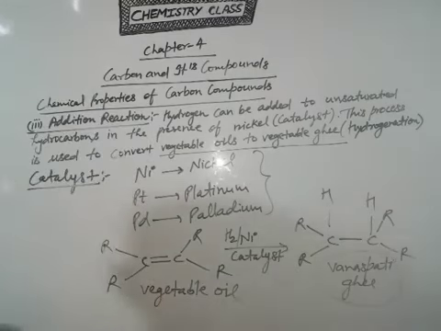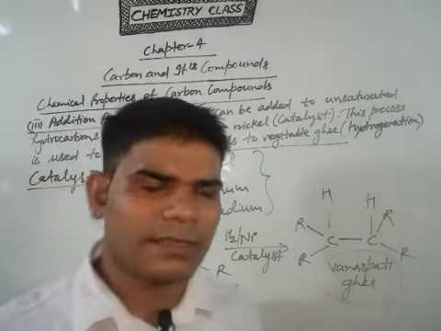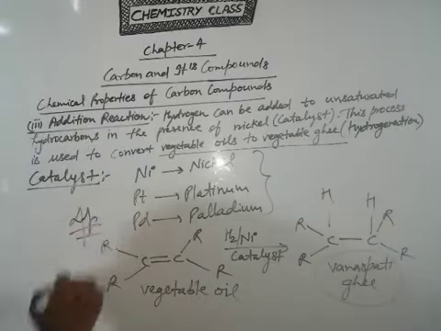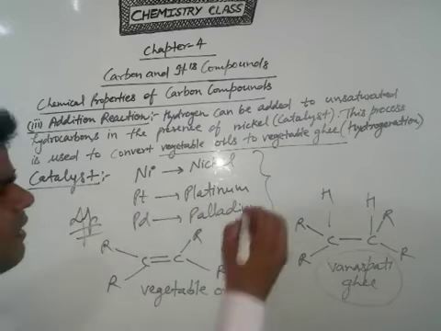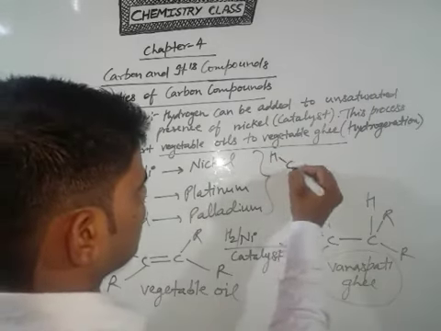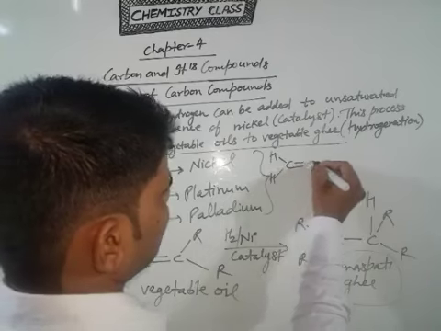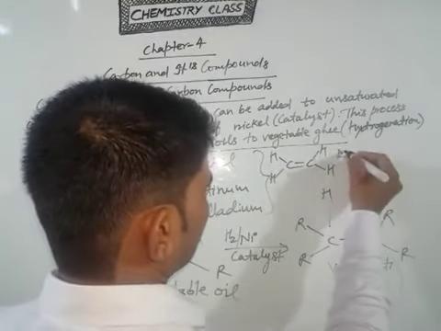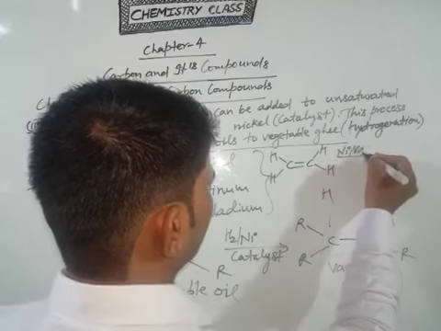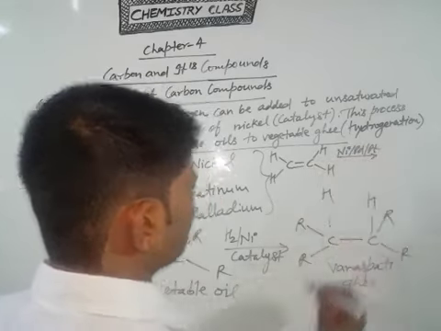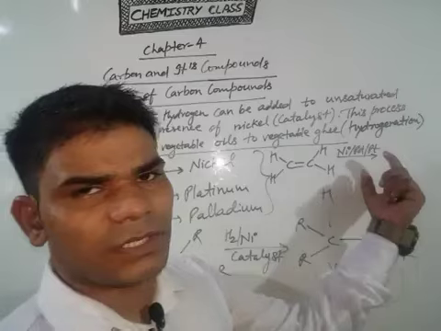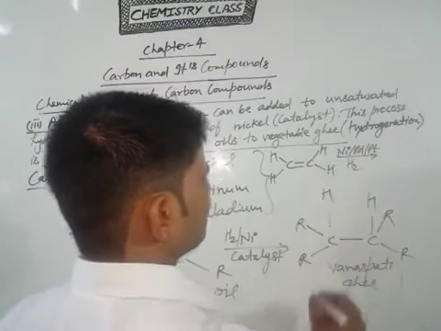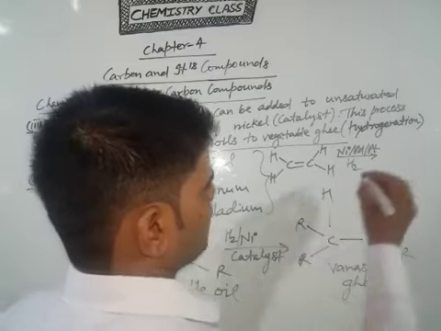So students, everyone remember this equation. This equation is very important for all the students. Here you write H single bond C single bond H, double bond C single bond H and single bond H. You can write nickel, palladium and platinum. You can use at least one metal here, together with hydrogen gas.